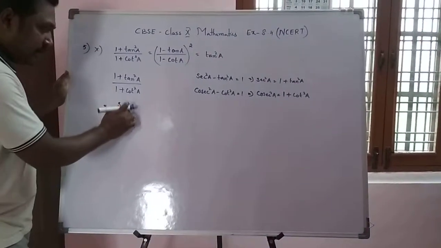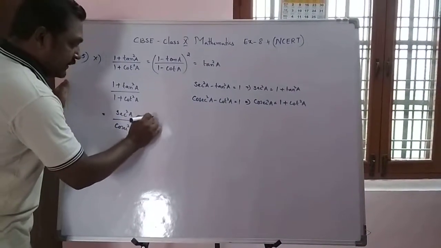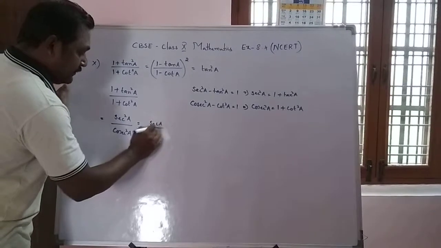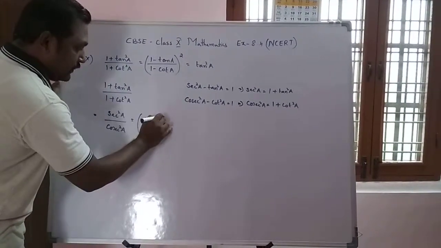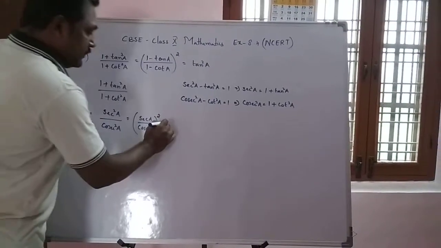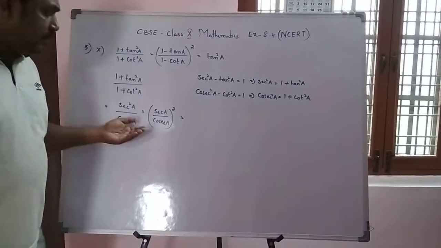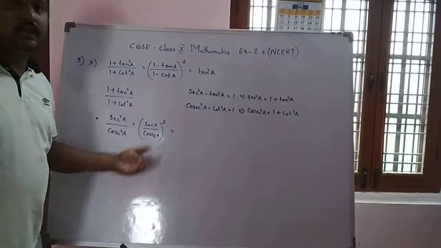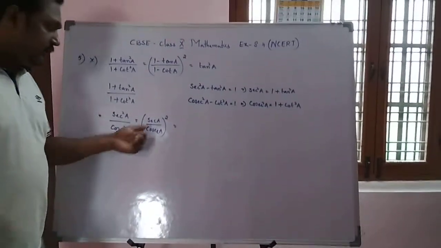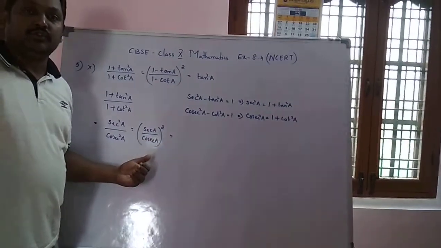Since both terms are having squares, I can write it as (secant A by cosecant A) whole square. Now if you have a proper understanding of all the trigonometric functions, you can actually write secant A by cosecant A as tan. Otherwise, convert them into sine and cos terms.